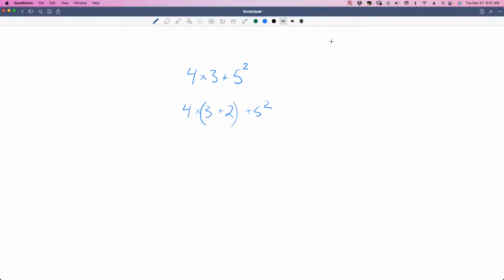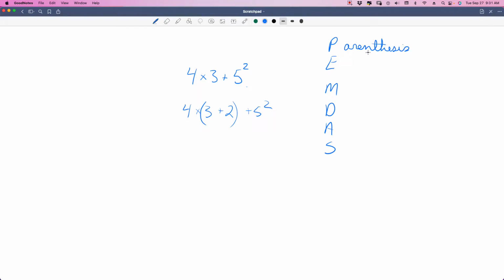And the rule, when I was a kid, we called it, please excuse my dear Aunt Sally. So please excuse my dear Aunt Sally. Most people today remember or recall this as PEMDAS. And what this means is we do what is inside of parentheses first.